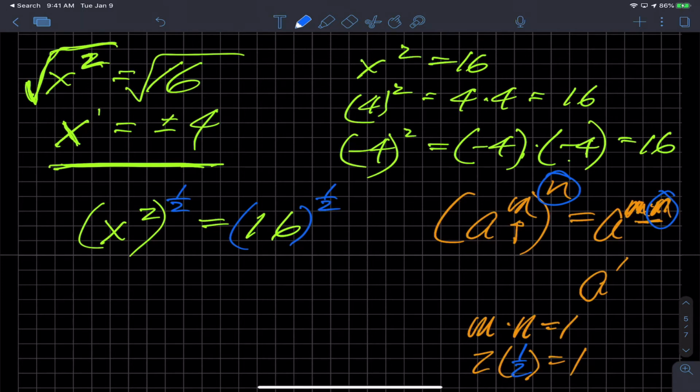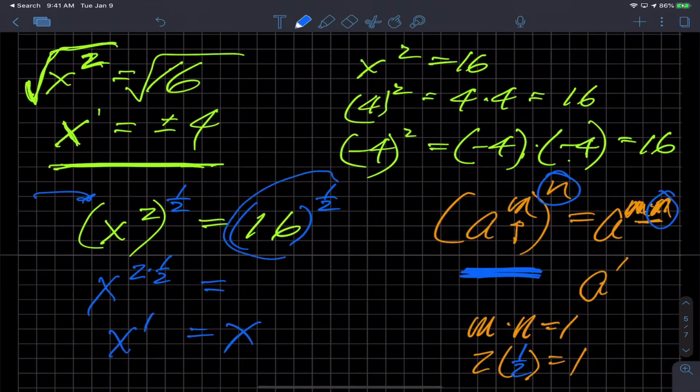Raise the right-hand side to an exponent of 1/2. And when I execute this shortcut on the left-hand side of my equation, I get x squared times 1/2, which of course is x to the 1, which of course is x. Over here, this 1/2 is the equivalent of taking the square root, and I end up getting plus or minus 4.